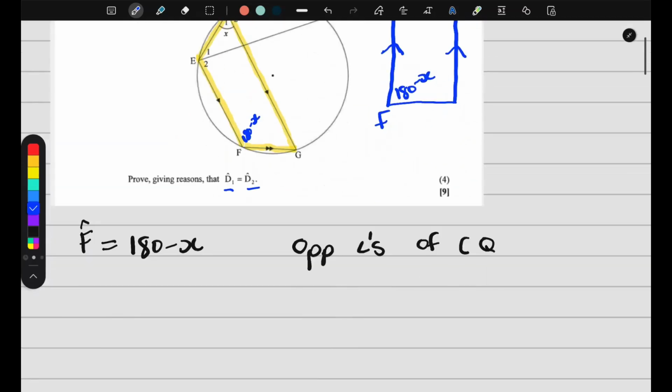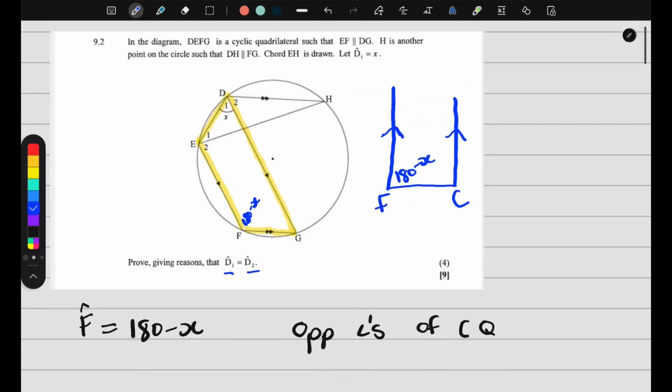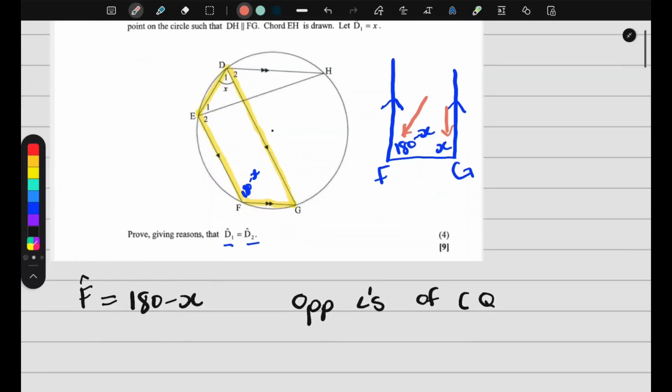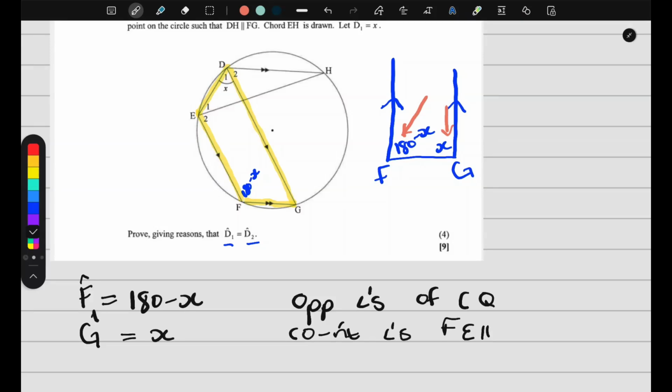That's F. So then G is x because this angle plus this angle is equal to 180. Co-interior angles. So I'm going to write that down. Angle G is x. Co-interior angles, FE is parallel to GD.